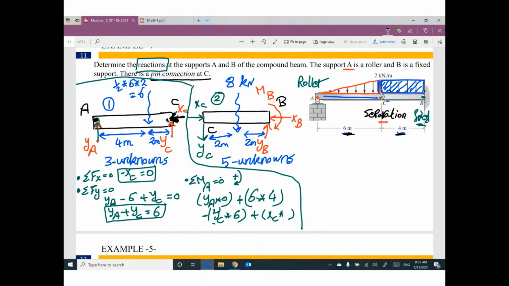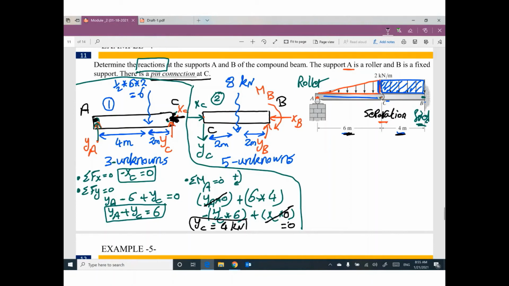What is the vertical distance? Why are you looking for vertical distance? Because my force is horizontal, so your force and your distance must be perpendicular. We don't have a distance. Your distance is 0, so this term will be cancelled. The only unknown is YC. YC will be 4 kilonewton.